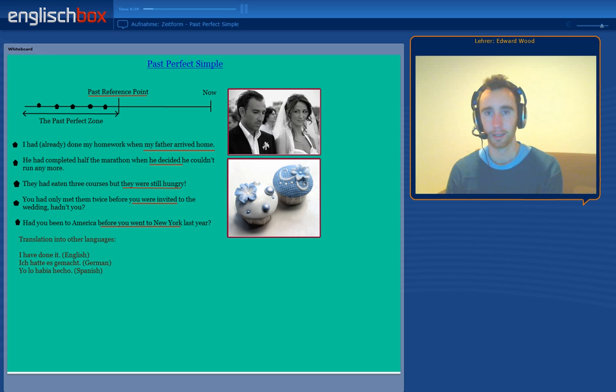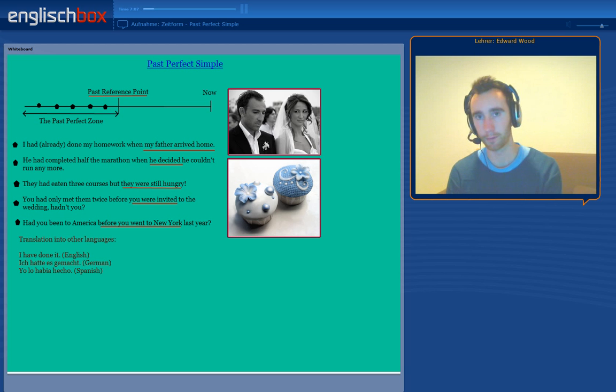Okay, so underneath, to give you a little bit more help perhaps, I've translated the sentence. I have done it into Spanish and into German. It has a very, very similar formation. You have the subject, and then you have the verb have, or haben, or haber in the past form, and then you have the past participle.